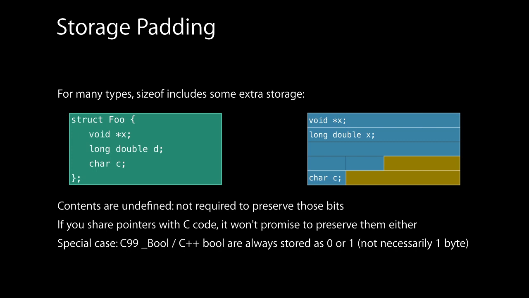And then I've got additional tail padding after the trailing char to bring the entire structure up to its alignment. Again, this is only something that you really need to know about if you are going to directly share pointers to your internal storage with C. But typically, that's actually going to be a very important thing to do.